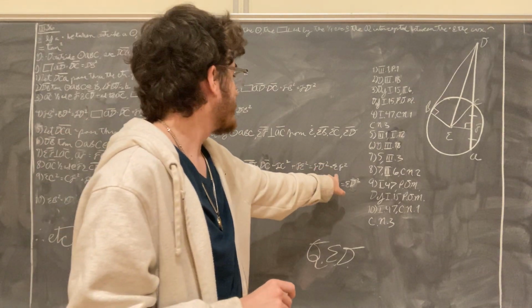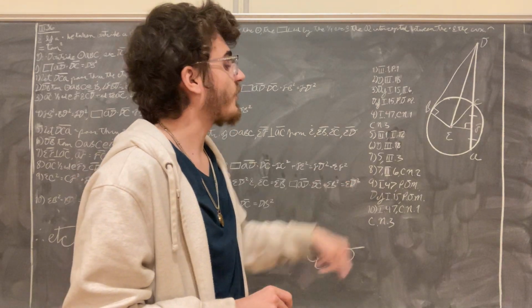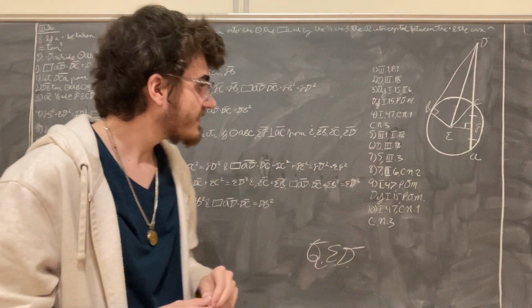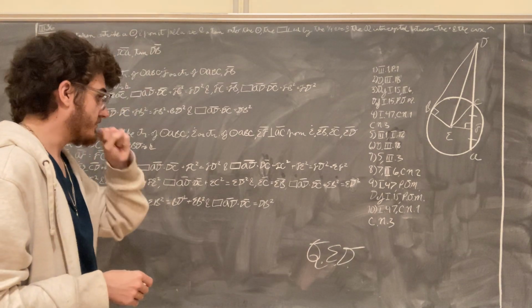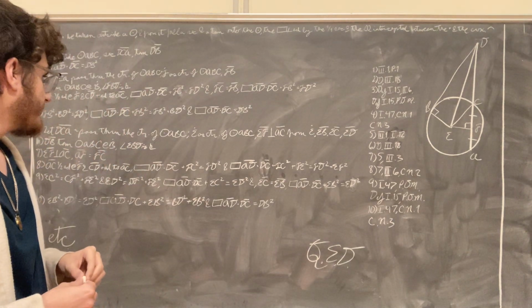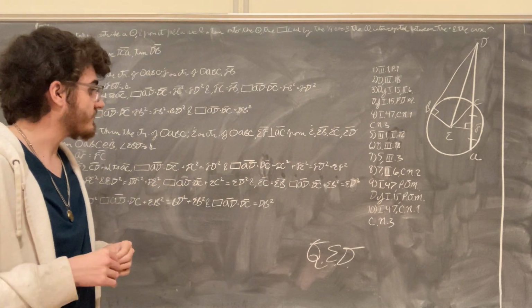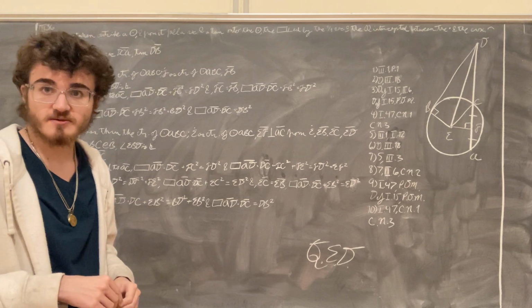And similarly, we can substitute FD squared plus EF squared for ED squared. So that we can say that the rectangle AD times DC plus EC squared will equal ED squared.